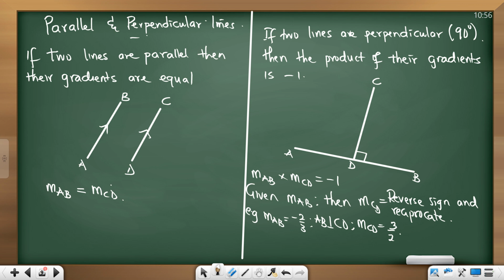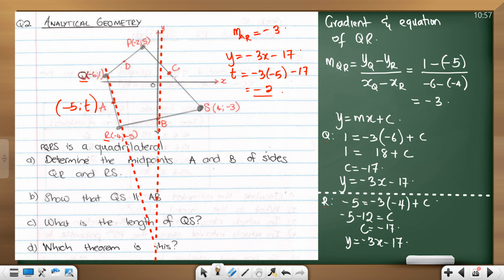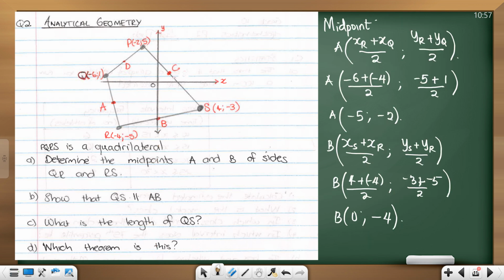All right, let's move on quickly. All right. Show that QS is parallel to AB.